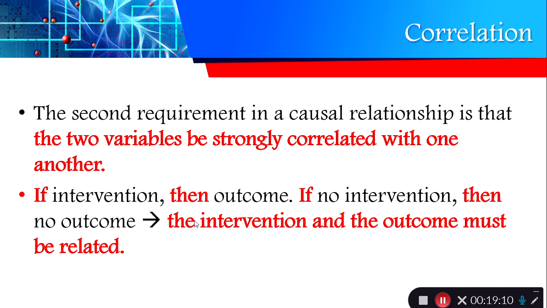Going back to the example that I just gave, the connection between individual therapy and depression, we have to be able to show statistically that there is a correlation between individual therapy and depression, that these two variables are correlated. That's another requirement for establishing causality.